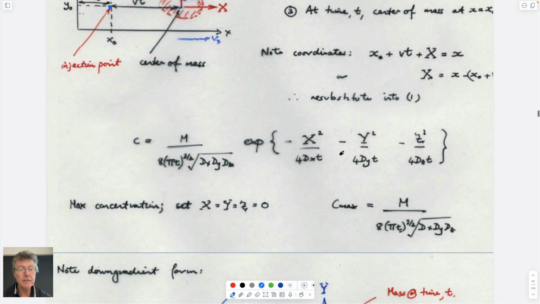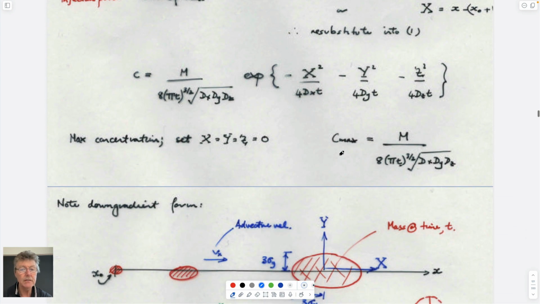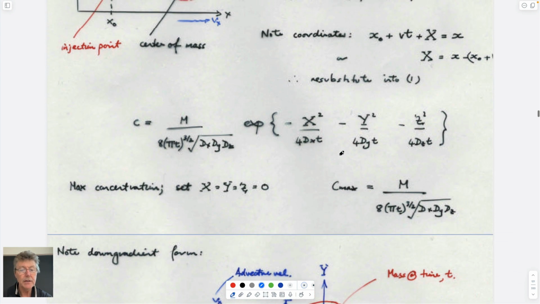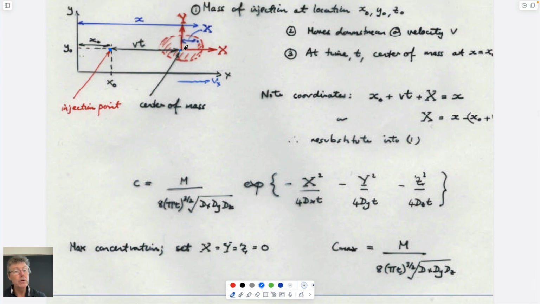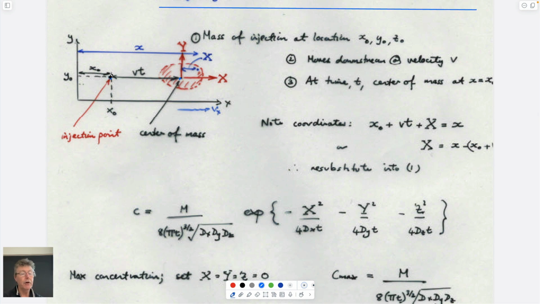And if you solve that expression and write it in slightly simpler form, you get the expression relative to this moving coordinate system. So this is where it starts off from.